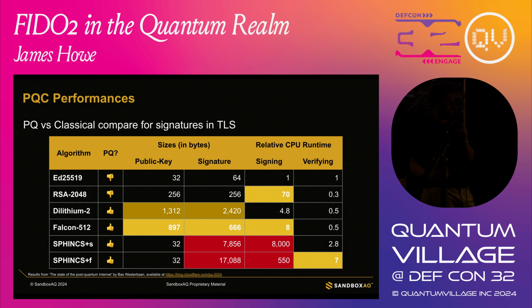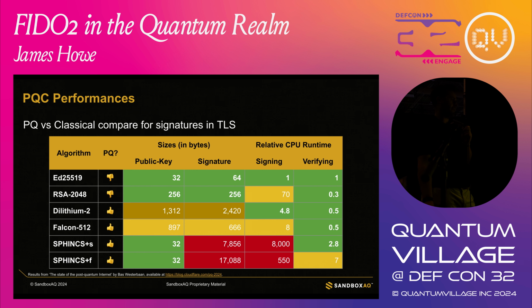There's a slightly lighter orange here, so this basically separates Dilithium and Falcon, because Falcon has a much smaller key and signature. The signing is quite a bit slower than Dilithium, so there's that unknown there, and then there's the green. So these are the schemes.